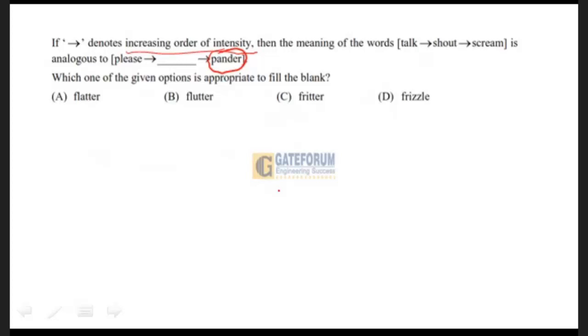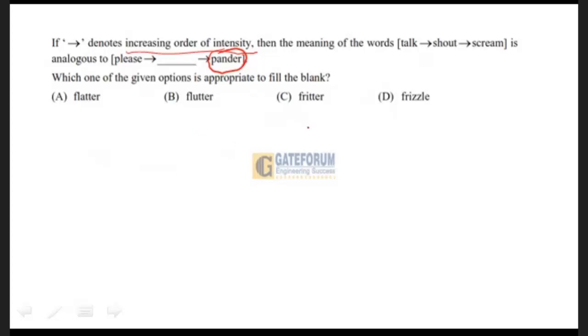Okay. So now which one will be the medium one? See, the first one is flatter. Flatter means praising somebody, albeit the word flatter is mostly used when the praising is not sincere. It is a bit insincere. However, flutter means shaking, fluttering in the wind.